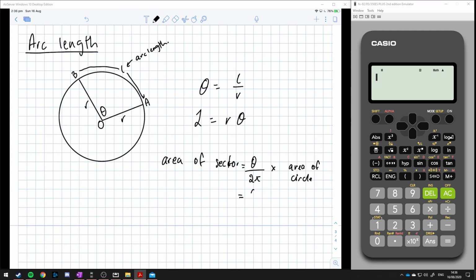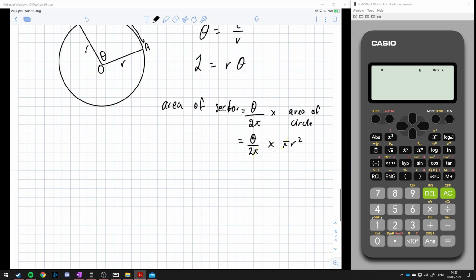We know the area of a circle is pi r squared. So taking out the pi's that are common, this leaves us with the area of the sector equal to half the angle times r squared. And that's pretty much it.